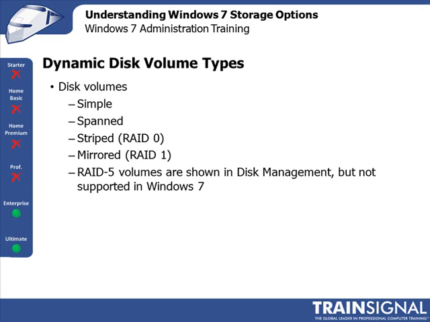And the same goes for striped. That's called RAID 0. It's a little bit different with a striped disk. It's another method that the data can be written to the disk, but you suffer the same consequence if you lose a drive. So if you need performance and you're not that concerned about the data going away, then it's not a big deal. Go ahead and stripe the disks or span the disks so you can get that additional performance benefit.